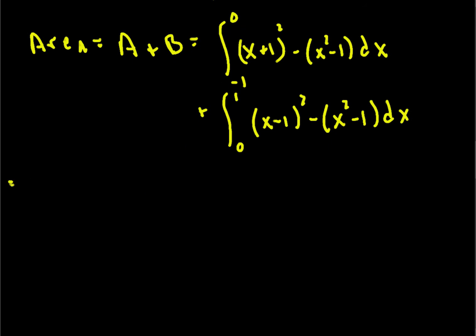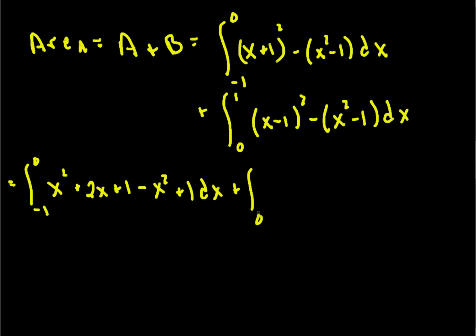So this is equal to the integral of -1 to 0, x squared plus 2x plus 1 minus x squared plus 1, and then the integral between 0 and 1 of x squared minus 2x plus 1 minus x squared plus 1.